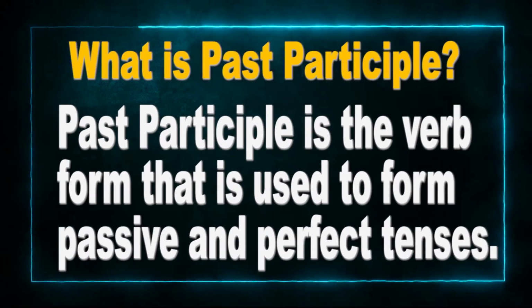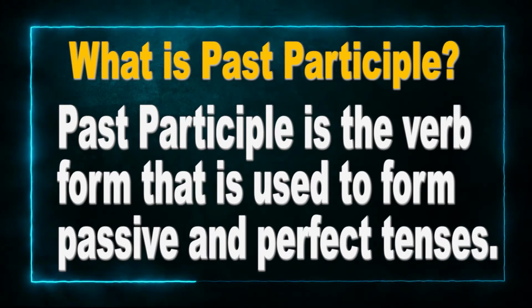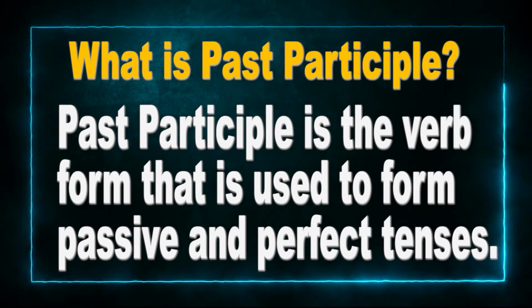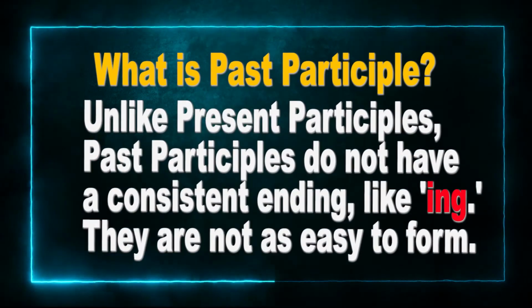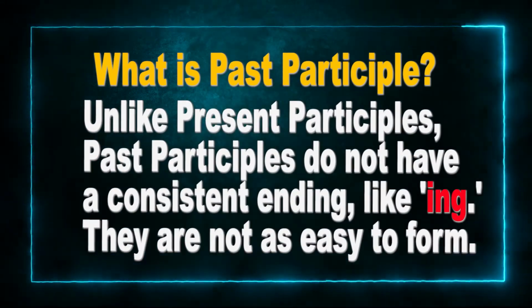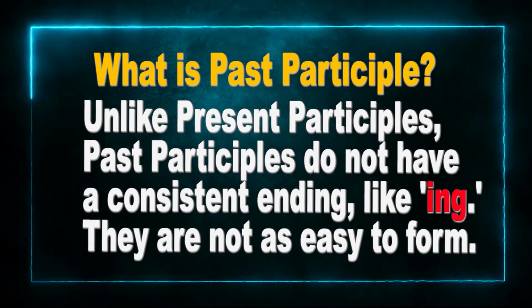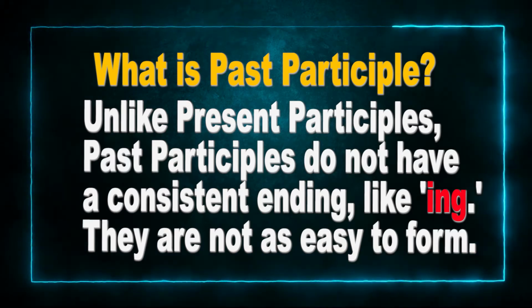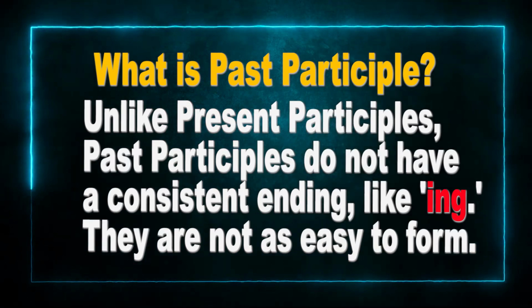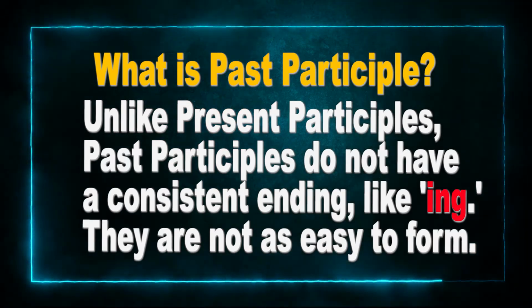Past participle is the verb form that is used to form passive and perfect tenses. Unlike present participle, past participle does not have a consistent ending like -ing. They are not as easy to form.